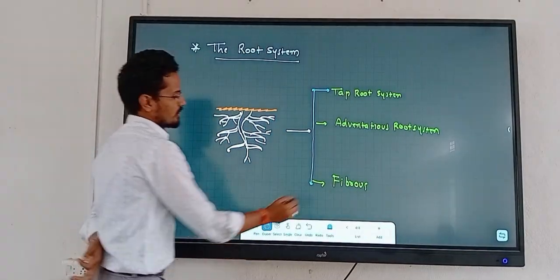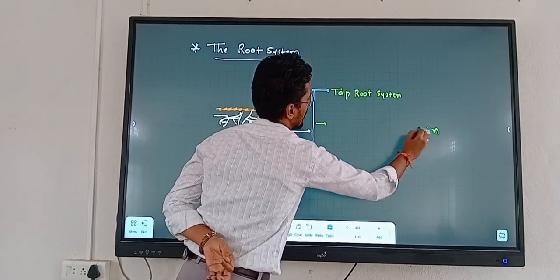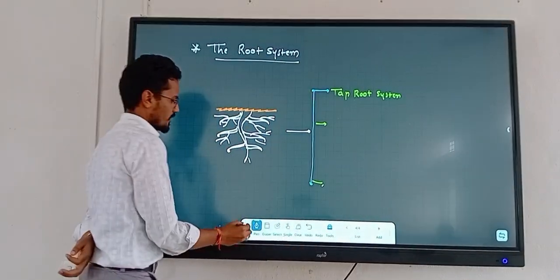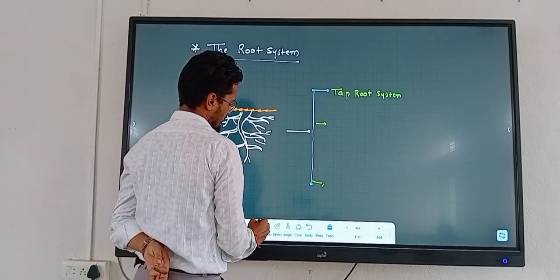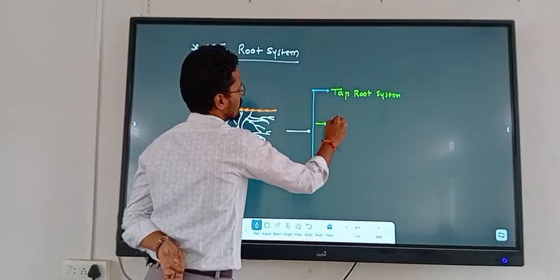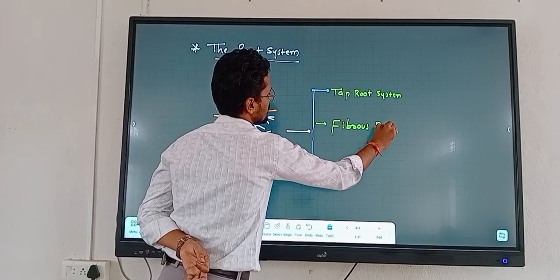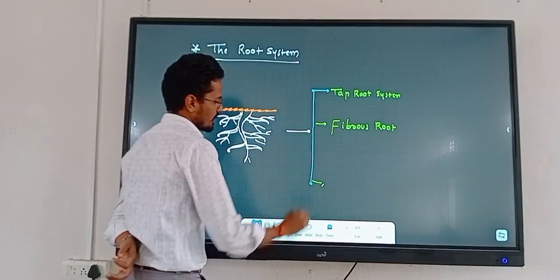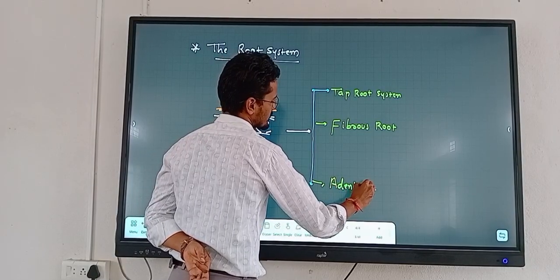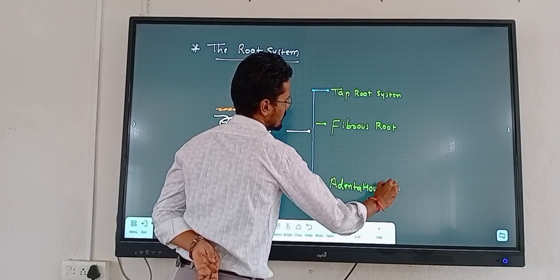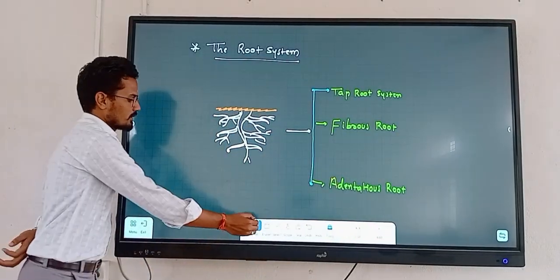Sorry, first we have to write fibrous root, and the third one is adventitious root.